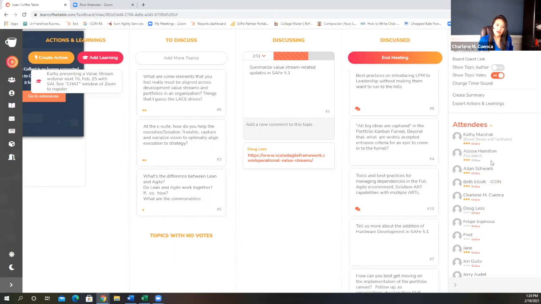The next one is really around supporting value streams. They may be support activities within the organization that support another externally facing operational value stream, so we have a way to define those as well.